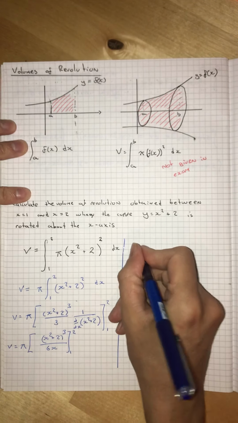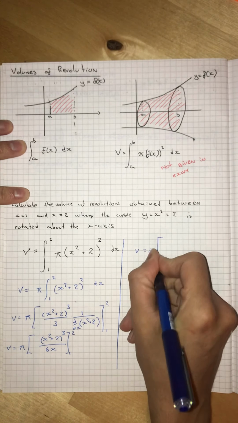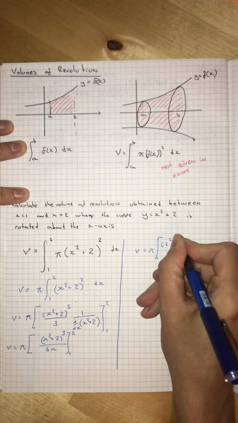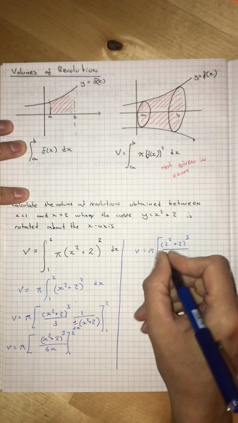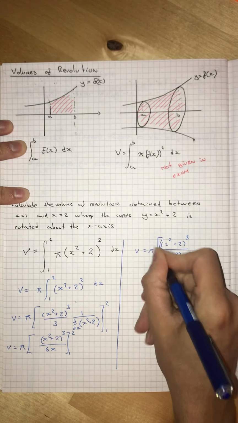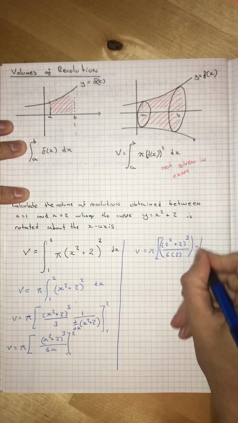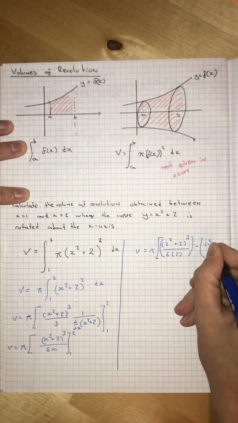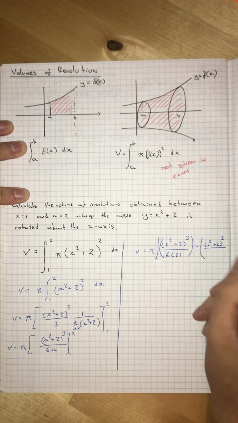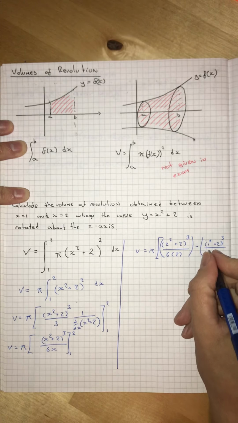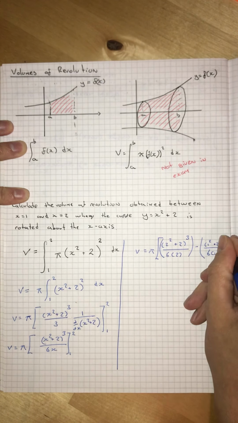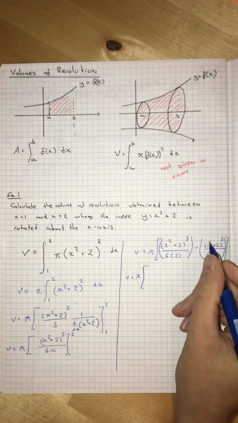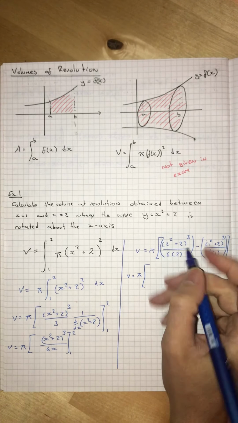So we get the volume equal to pi times, substituting 2, we get 2 squared plus 2 cubed all over 6 times 2, minus 1 squared plus 2 all cubed all over 6 times 1. 2 squared is 4. 4 plus 2 is 6.